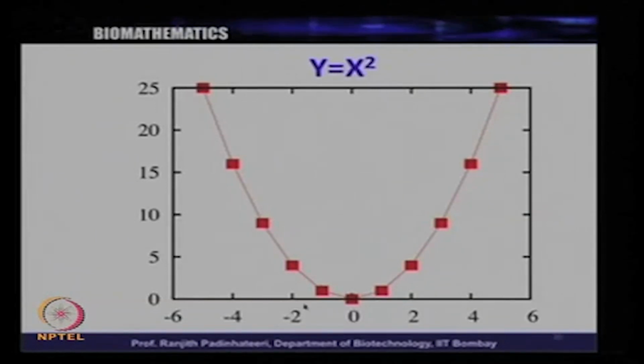For x equal to minus 2, you have 4, since minus 2 square is 4, and similarly plus 2 square is also 4. So, this curve is essentially symmetric about 0. If you go to the right of 0 or left of 0, the positive values or negative values, the y values are the same. When y is 4, there are 2 points.